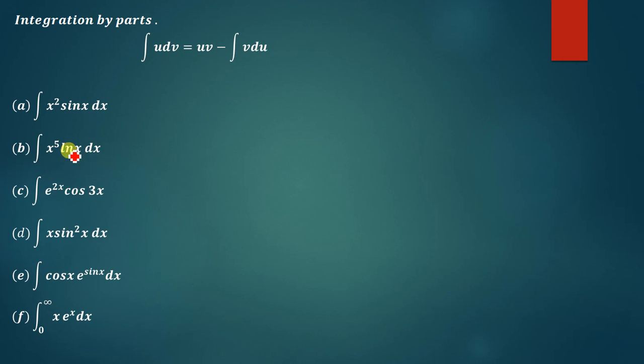So the next one, even in this case, we're going to follow the same acronym, which is LIATE. So ln comes earlier than algebra, so we're going to get u to be a logarithmic function, which is a ln function in this case. So my u is just going to be equal to ln x. Du dx will give me 1 over x.